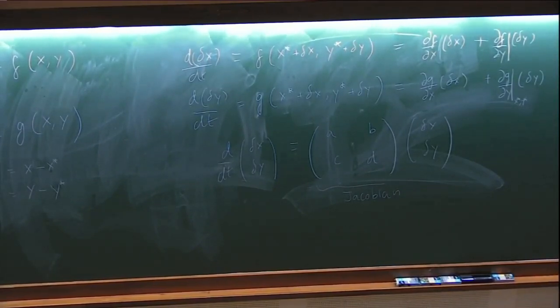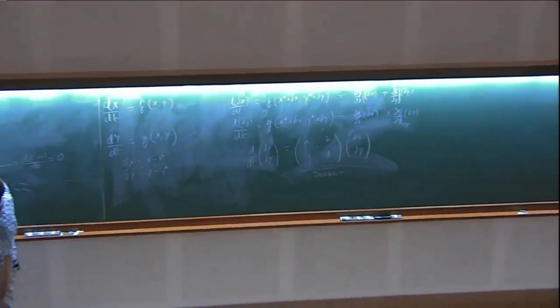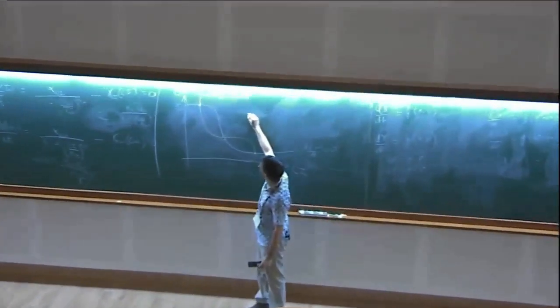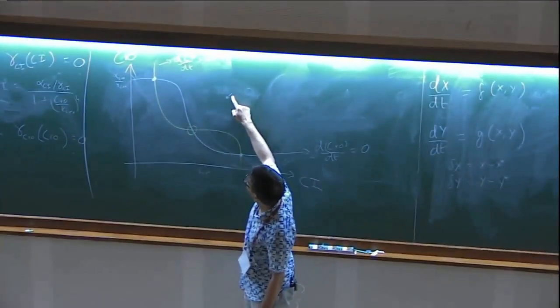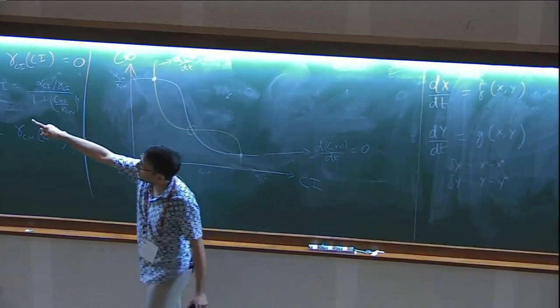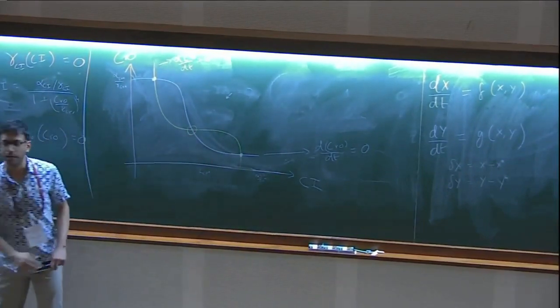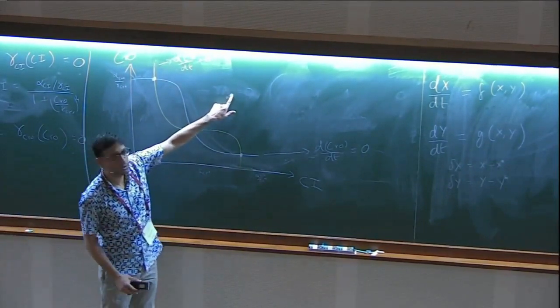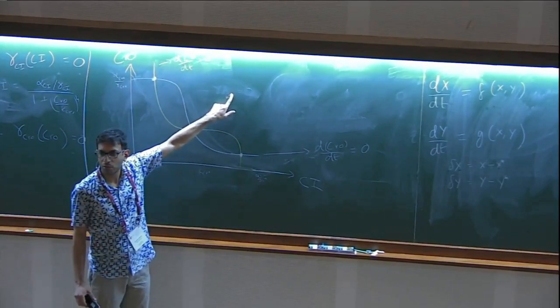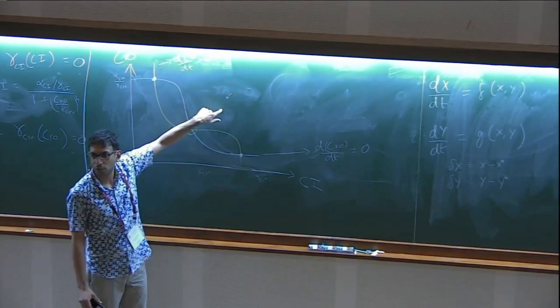It obviously has to do, just like in the one-dimensional case, with arrows and where the arrows are going. Anywhere in this space, I can draw an arrow that represents my dc1 by dt and dcrow by dt. The arrow will tell you, if you started at that point, will crow decrease, will c1 decrease?